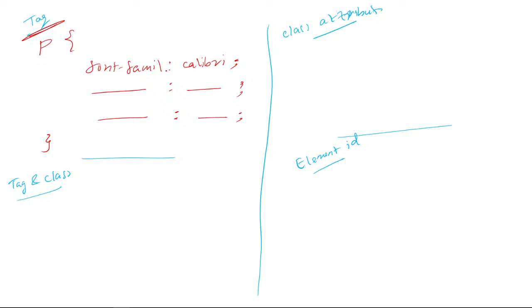Class attribute means every tag has a class. We can mention a class for any tag, even H1, right? So wherever we have the same class, we can apply the same style for any location where we have the same class.